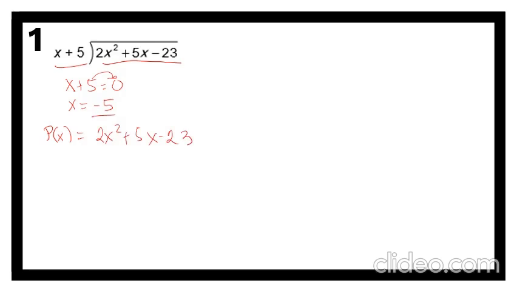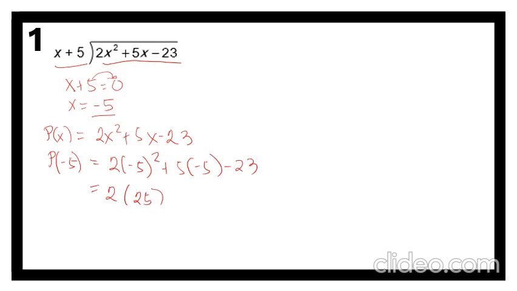Substitute the value of x: p of negative 5 equals 2 times negative 5 squared plus 5 times negative 5 minus 23. 2 times negative 5 squared, that is 2 times positive 25.